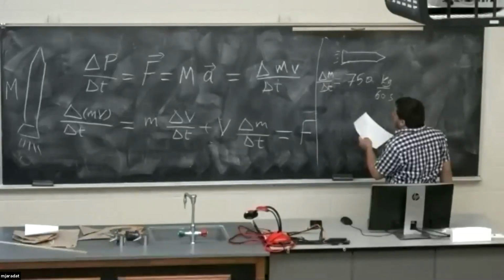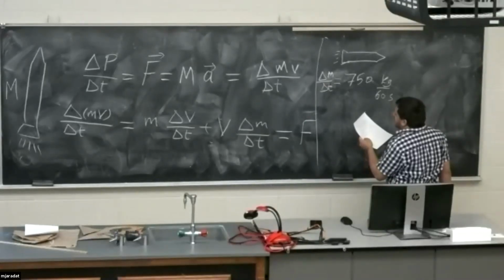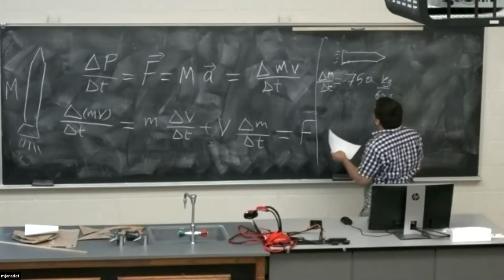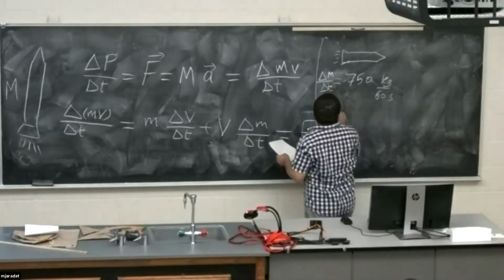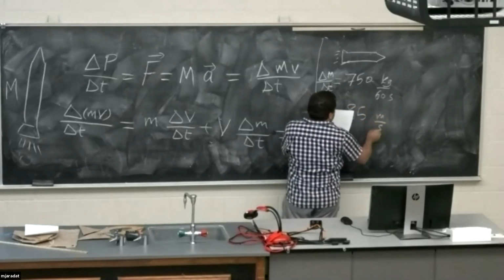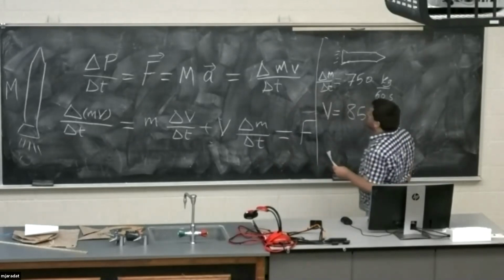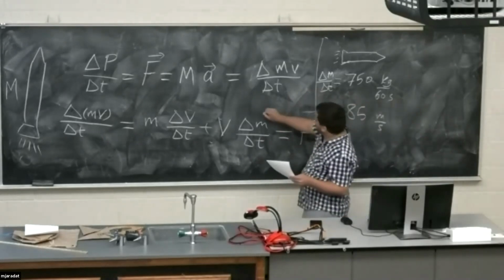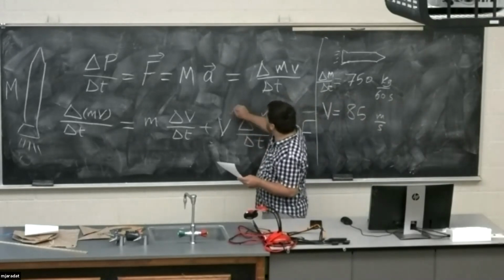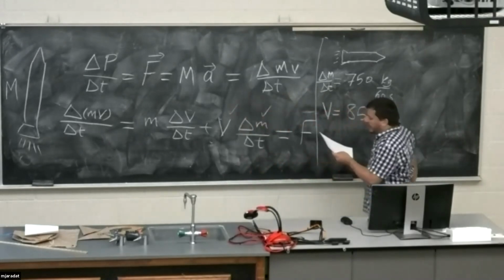The velocity of the exhaust material is 85 meters per second. So now I give you the change in material and the velocity.